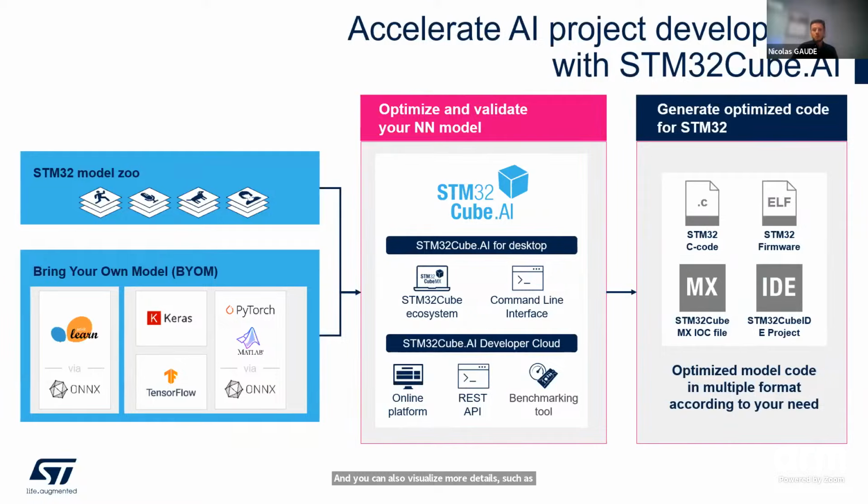Finally, once the right MCU is selected and the model is validated, it's time to choose the type of output you need. You can only generate your optimized C code, you can also generate some firmware for a performance validation application, and you can generate STM32 Cube project files, such as the MX IOC file or the IDE project file.